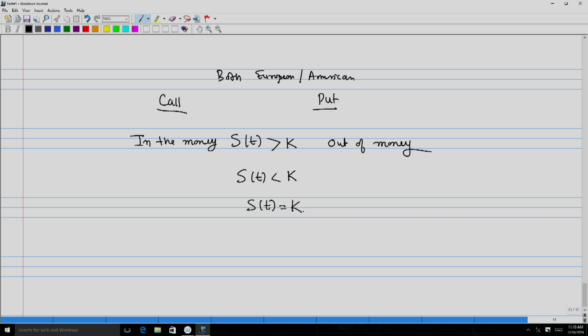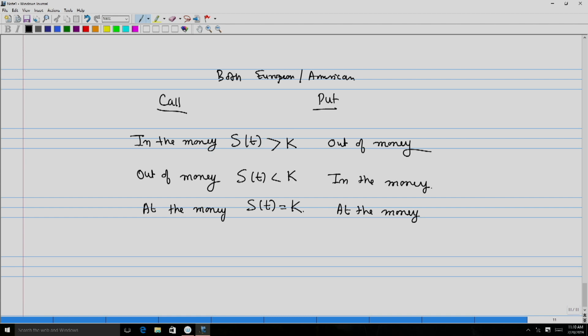When S of t is less than K, then it is out of money in case of call option, and in case of put option this will be in the money. And when S of t is equal to K, this is called at the money for both the cases.